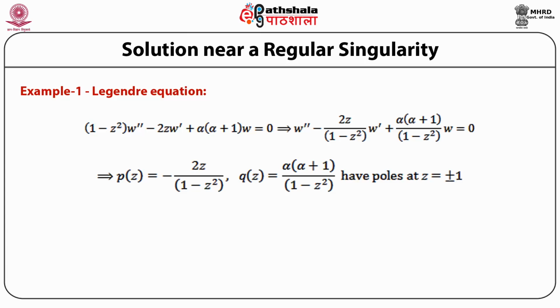Here, both p(z) is equal to minus 2z by 1 minus z square and q(z) is equal to alpha into alpha plus 1 by 1 minus z square have poles at z is equal to plus minus 1. Hence, z is equal to plus minus 1 are two singular points.